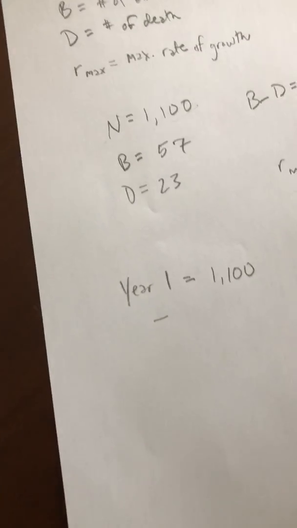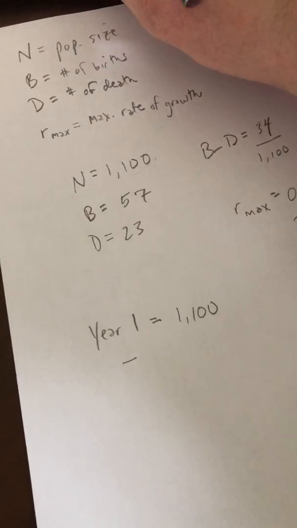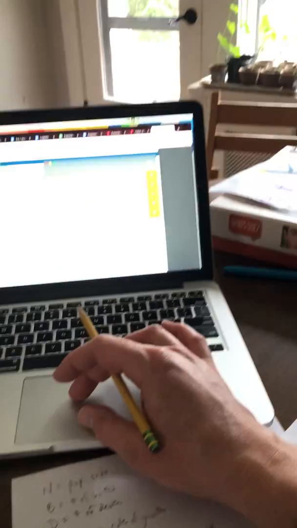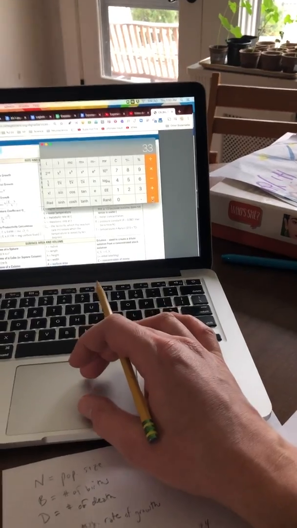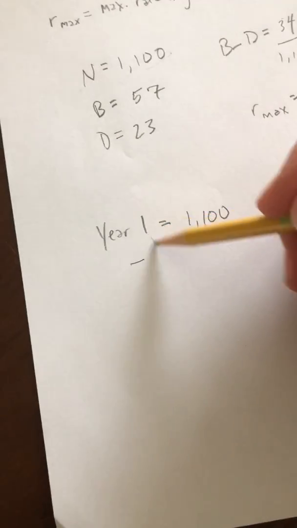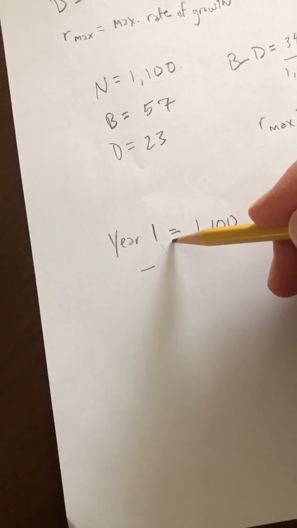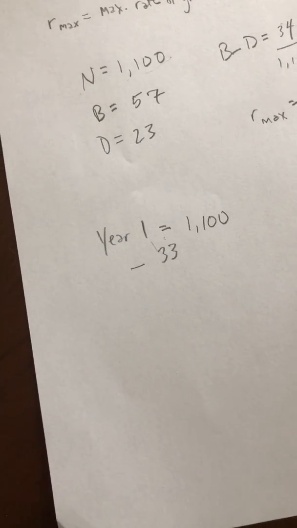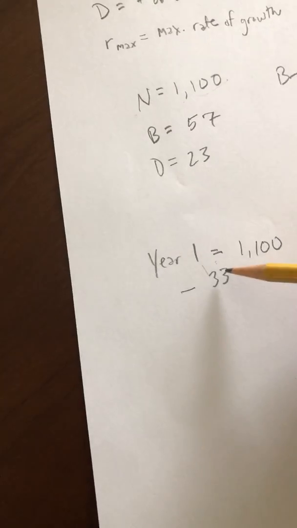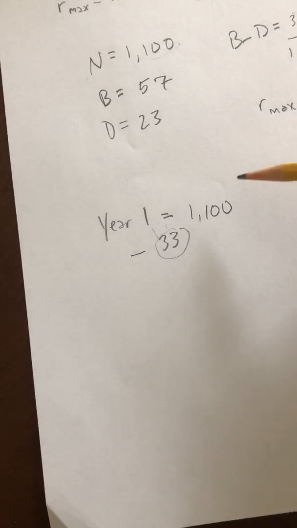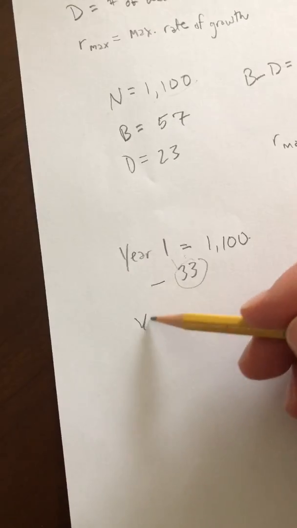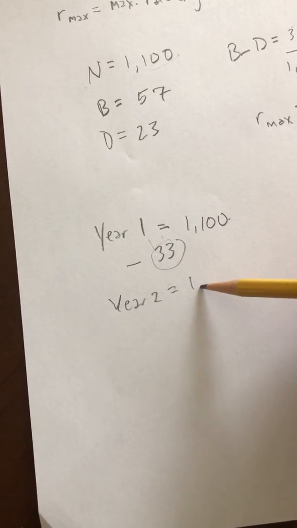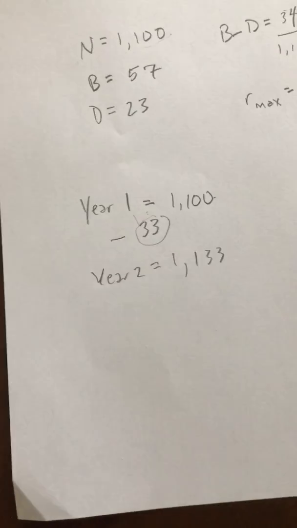would be, I'm going to do 1,100 times 0.03. That would be 33 individuals added to the population. This number then just gets added to this, so year 2 will be 1,133, right?